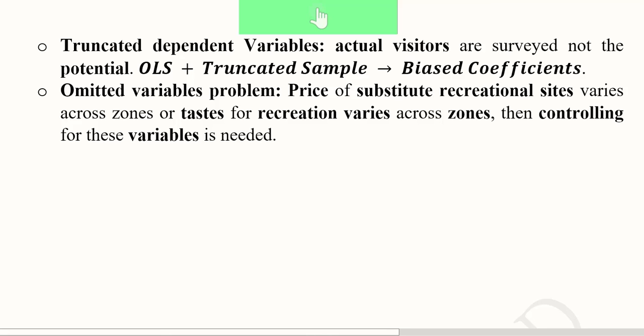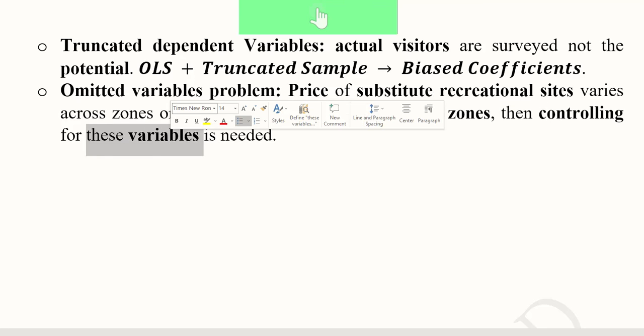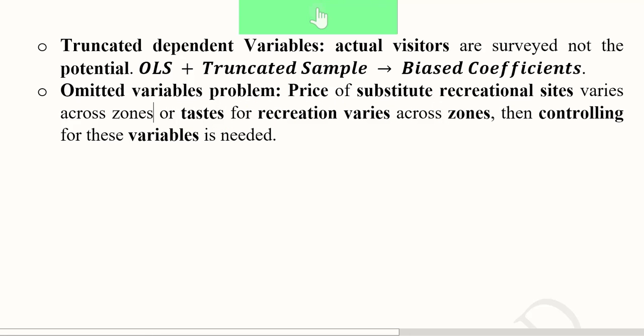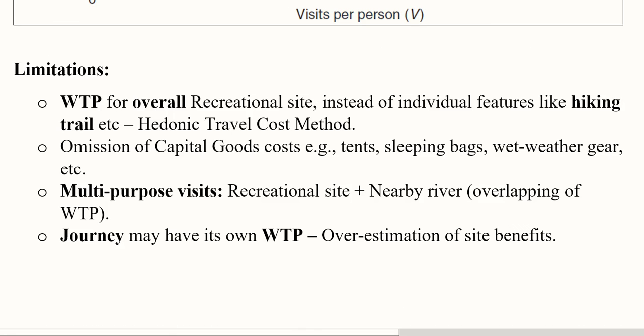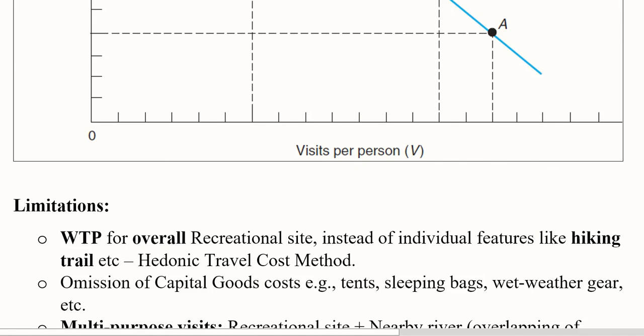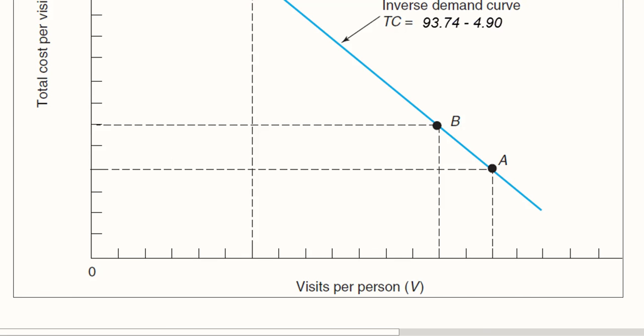So this is why we have to control for other factors like tastes or the price of the substitutes, and if we incorporate them and control for them, then the omitted variable bias will be overcome. Otherwise, this will cause imprecision in our regression, which is used in the travel cost method. So these were a few limitations that can cause imprecision in our estimations.